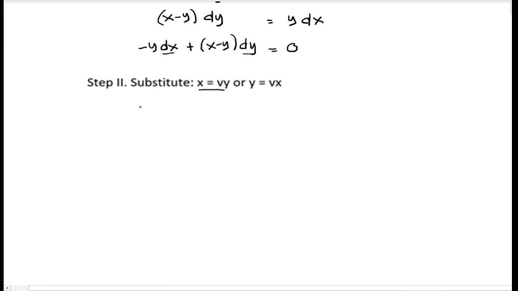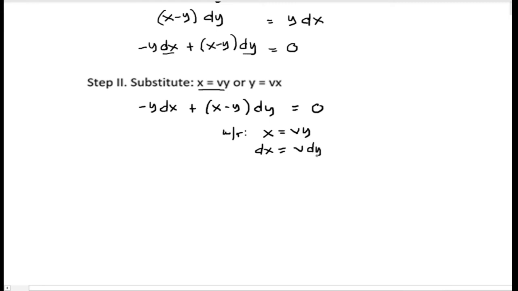Our equation is negative y dx plus x minus y dy is equal to 0, where our x is equal to vy. Then get the differential for this. You have dx is equal to v dy plus y dv.